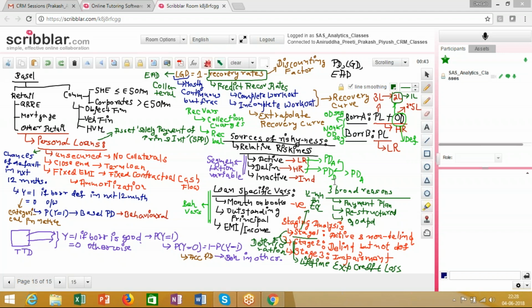As we start off with talking about PD, broadly there are two concepts of PD, or two types of PD measures.